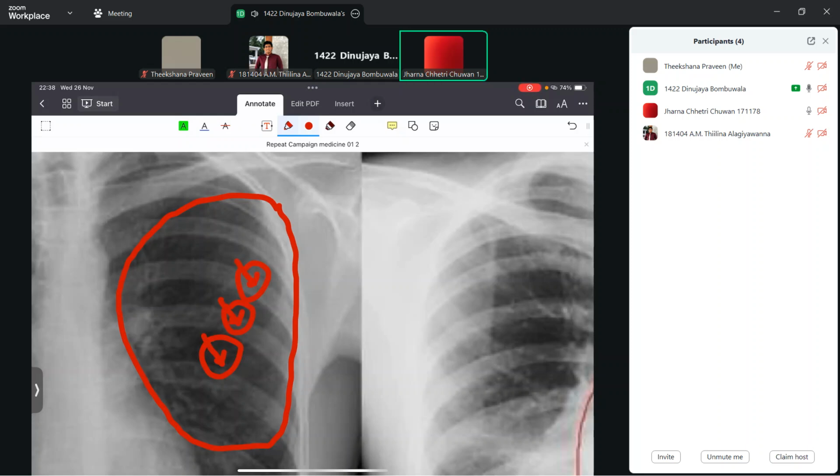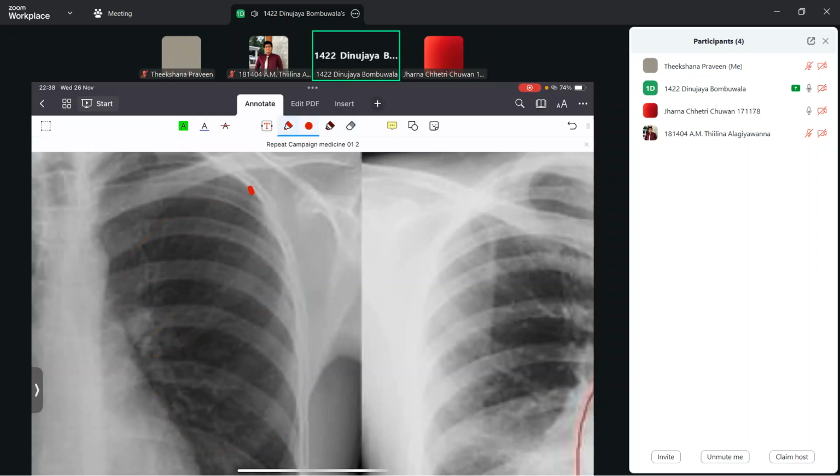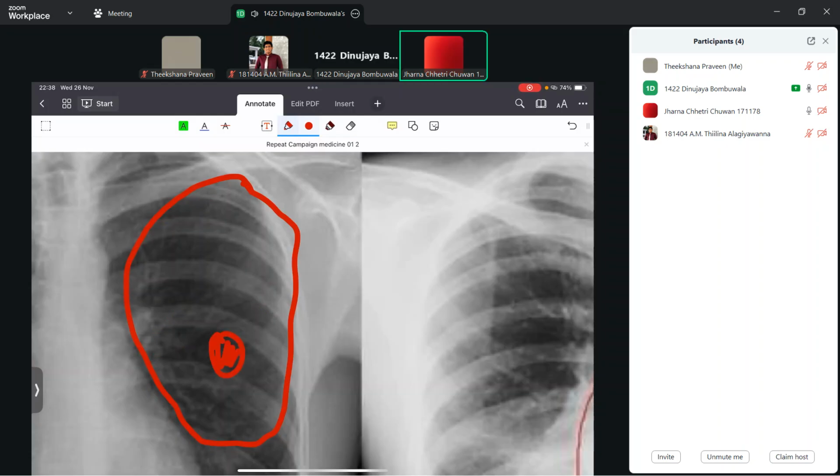Air shows as black in X-ray, so we get a black background with white vascular markings. In consolidation there will be fluid within the alveoli. So if there is fluid, the black area will become white.